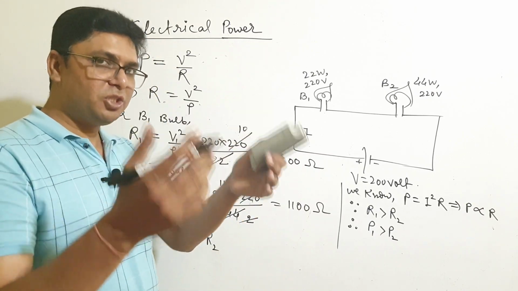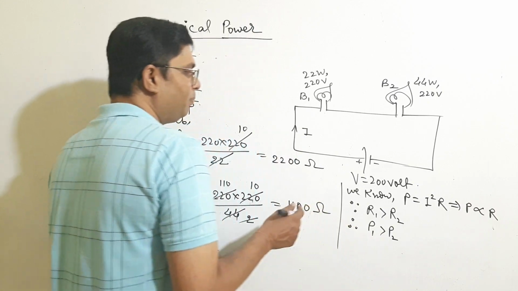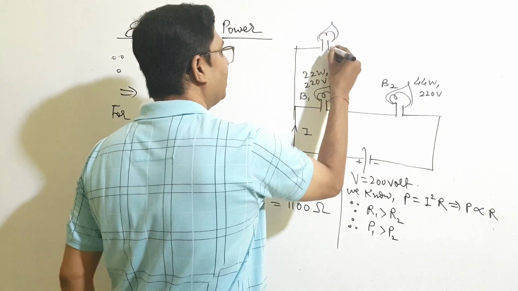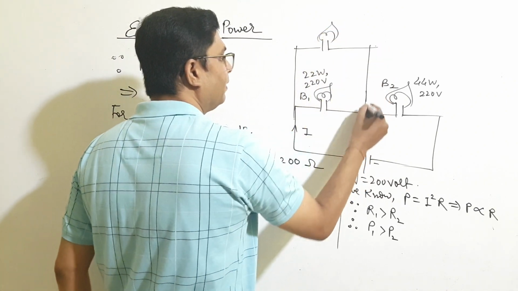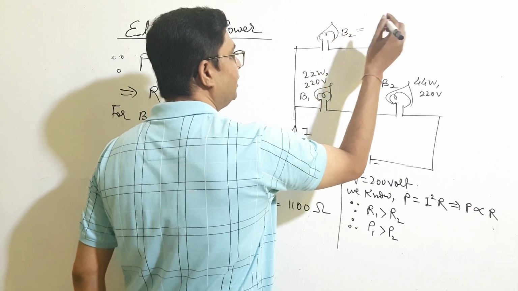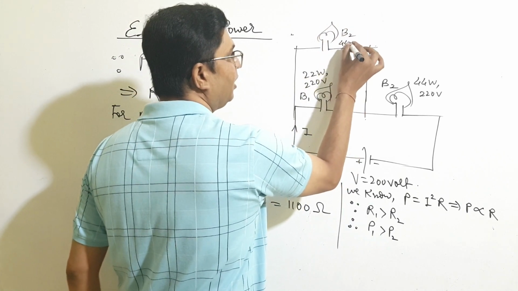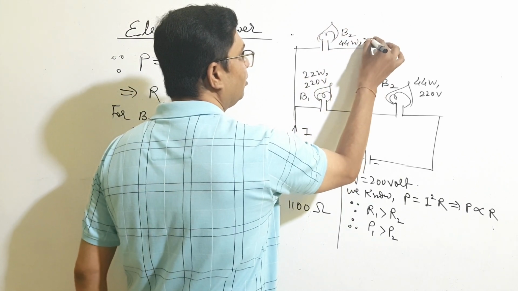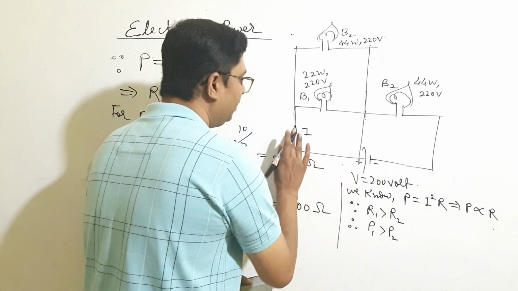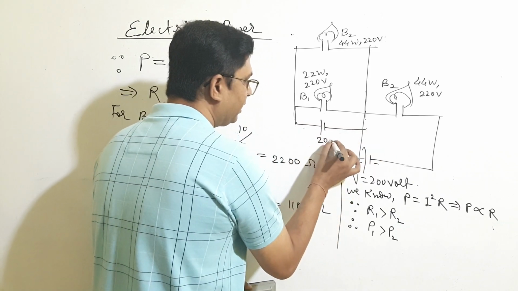I am changing the question by connecting these two bulbs in parallel. This is a parallel connection. Here this is bulb B1 and this is bulb B2, rated 44 watt, 220 volt, and they are connected to a common potential, 200 volt.